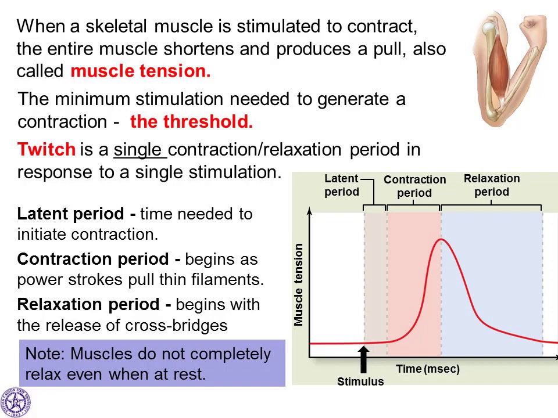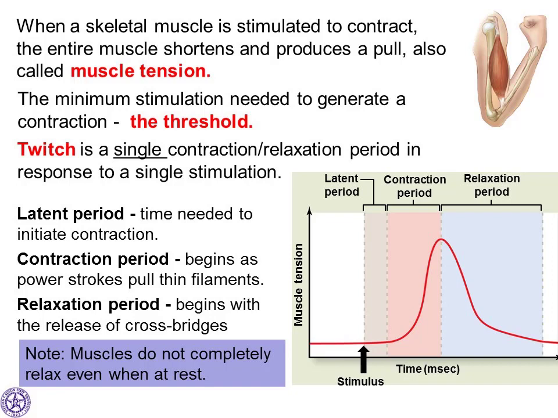And that's going to be the contraction period. The power strokes, pulling on those filaments, sliding them, shortening the sarcomeres. But since we only have one single stimulation, it's as if it's going to be on, then off. And the off is going to be the period it takes for the muscle to relax completely.